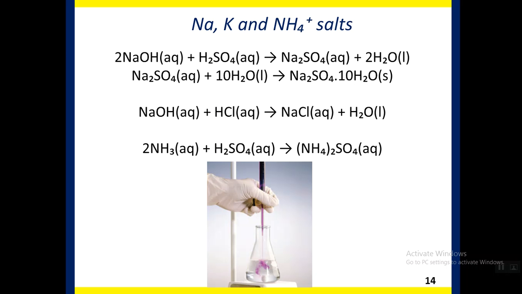Right. When sodium hydroxide reacts with hydrochloric acid, it produces sodium chloride and water. And in the last equation, when ammonia reacts with sulfuric acid, it forms ammonium sulfate. Right? As all those products are soluble in water, we have to use the titration method.